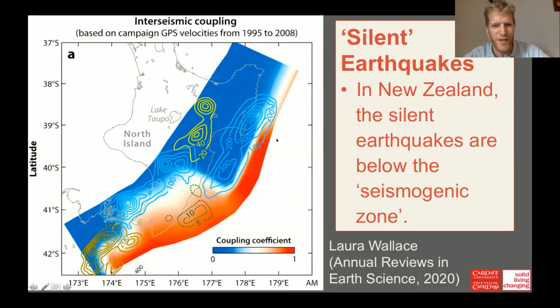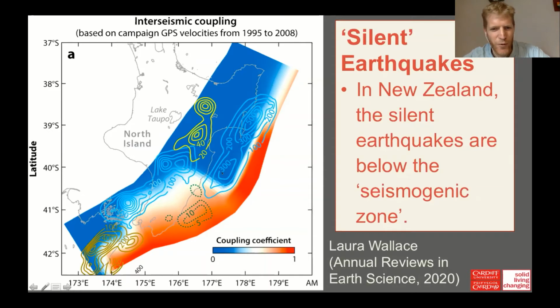So the plate boundary intersects the seafloor at the end of this red zone, and then dips down towards the northwest. So further northwest you go, the deeper you get, basically. So this is a broad locked zone, but in the north here, there's basically no locked zone at all.